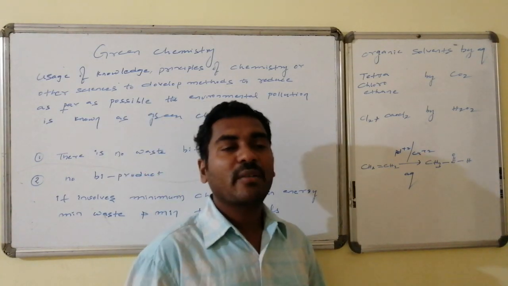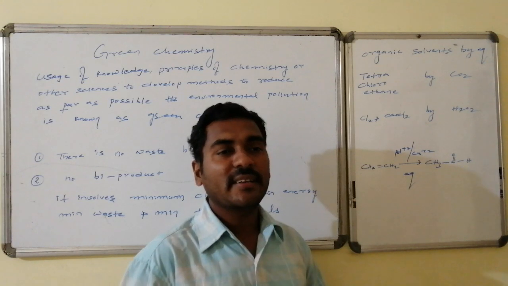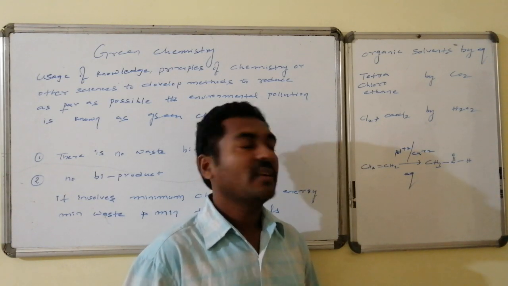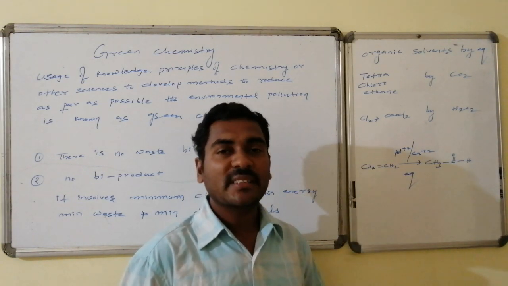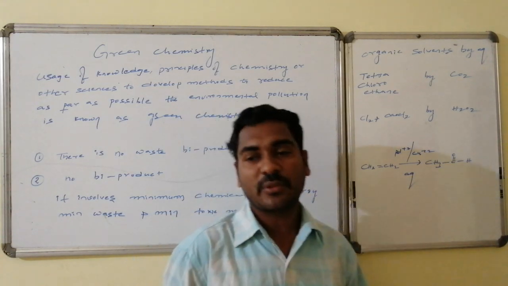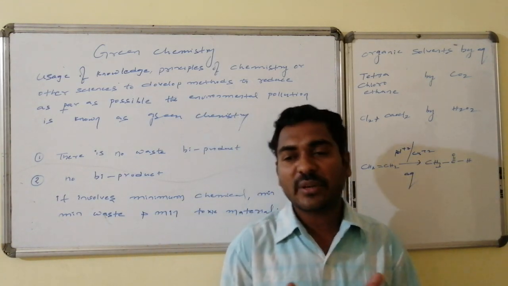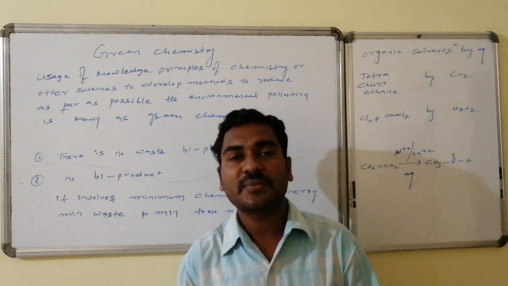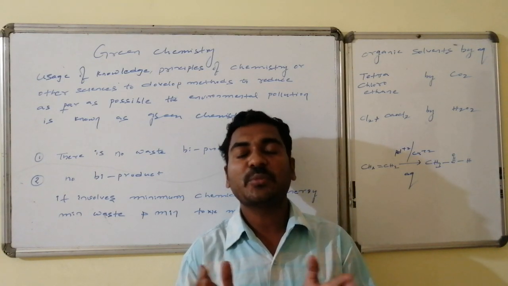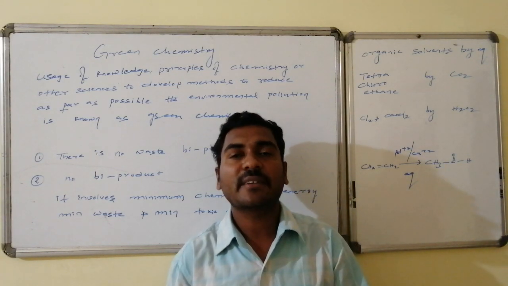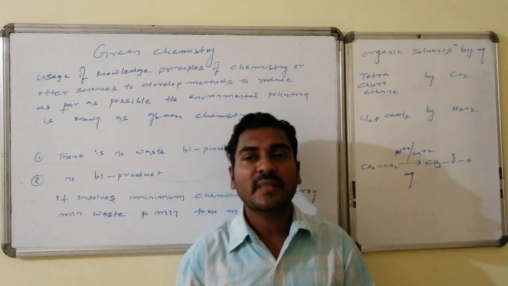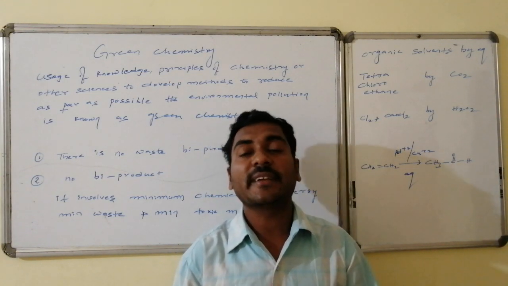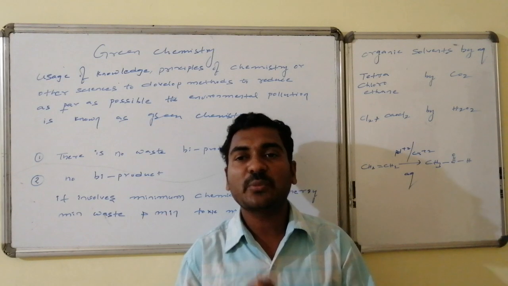Now methods are developed for the synthesis of acetaldehyde from acetylene in a single step, using aqueous medium with either platinum or copper as the catalyst. That is, the number of steps is to be reduced. The time required for the conversion has to be reduced. The energy required for the conversion is to be reduced. The product yield has to be increased. The byproduct number has to be decreased.